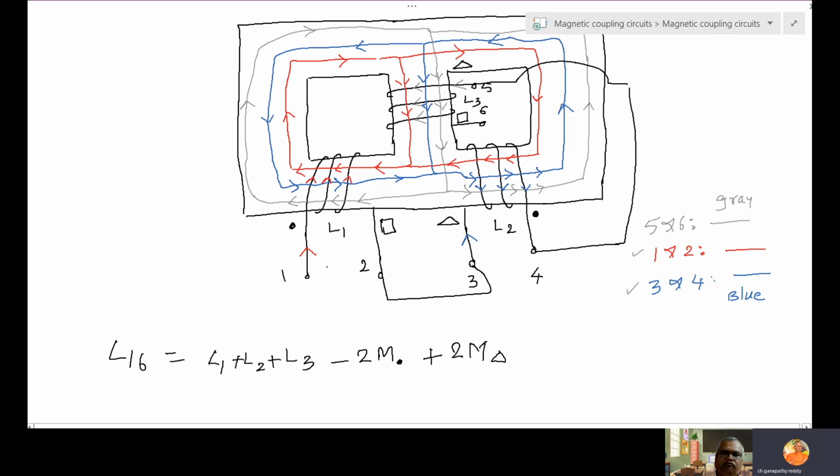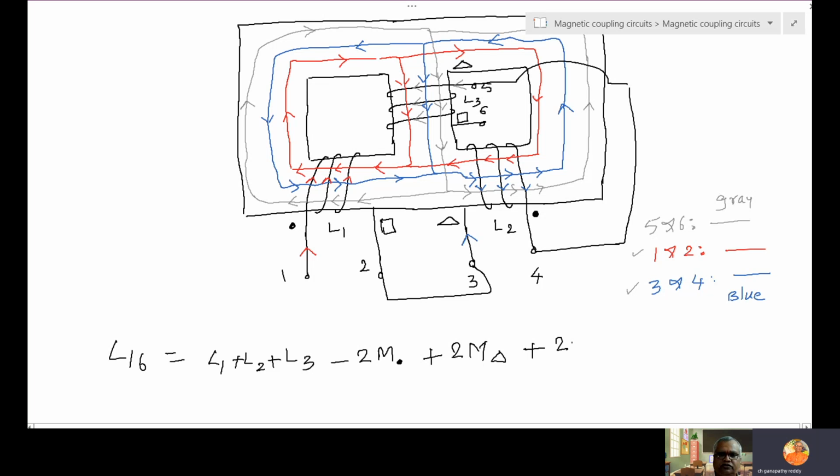Next, 1, 2 and 5, 6. Here the current is entering at the unsquare end, because 1, 2, 5, 6 are coupled with the square. The current is entering at the unsquare, again entering at the unsquare, here also unsquare, here also unsquare.